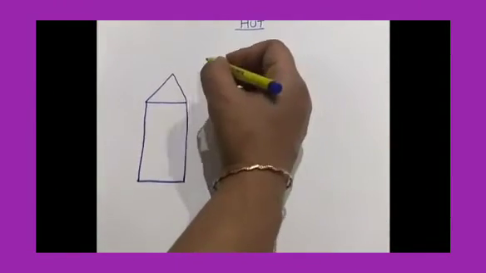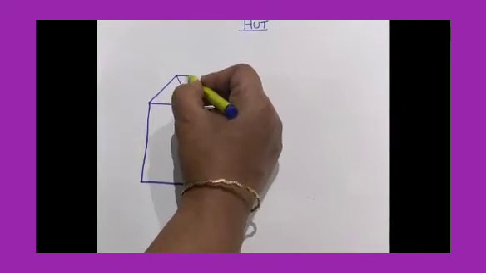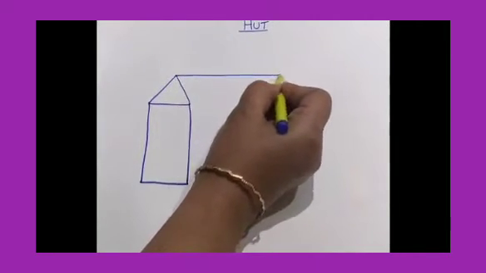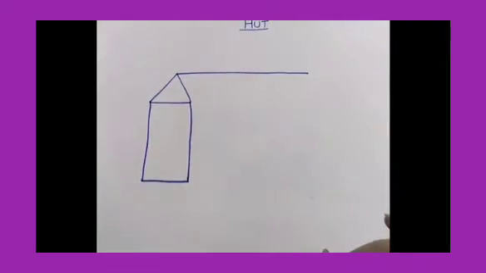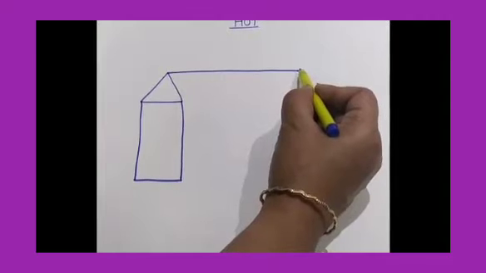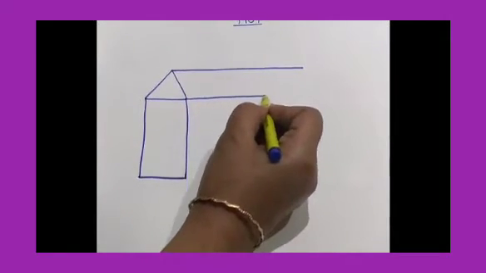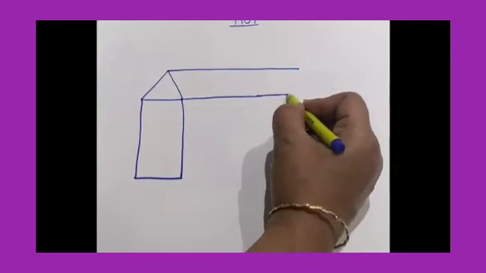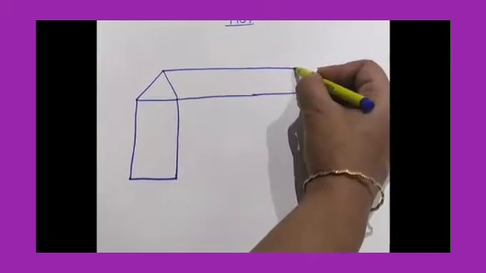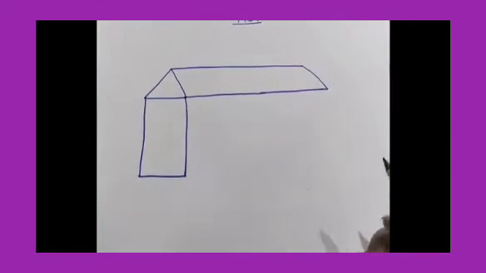I am drawing free-handed. Now draw a slipping line. It should be a little shorter than the middle line so that we can draw a slanting line here.